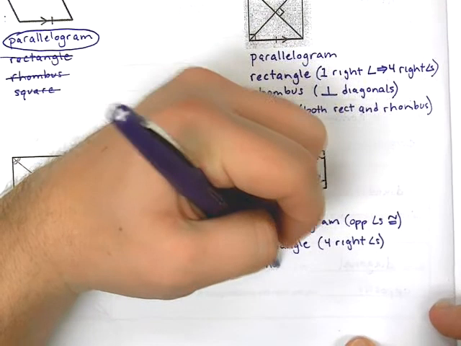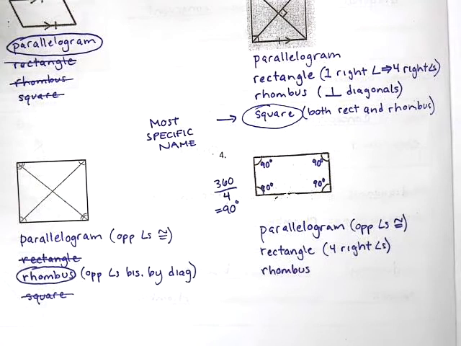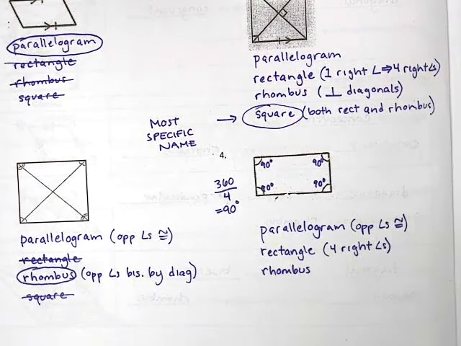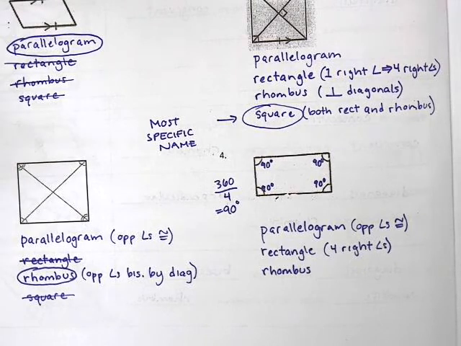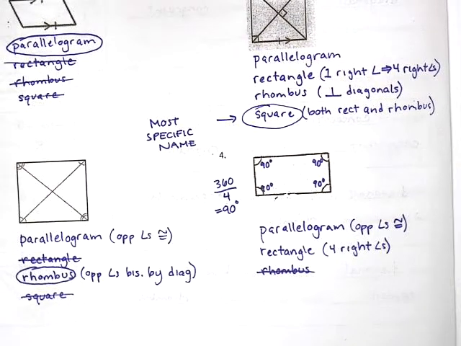How about rhombus? Think about this one. We either need all sides congruent or diagonals. Well, there are no diagonals in this, so we know nothing about diagonals. So really, are all the four sides congruent? Oh, maybe, but there's no markings, okay? So we don't have enough information, so we cannot say that it is a rhombus.